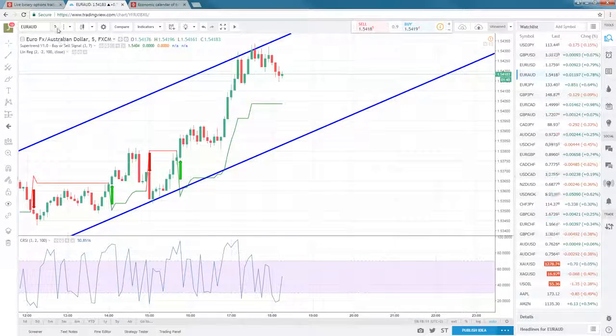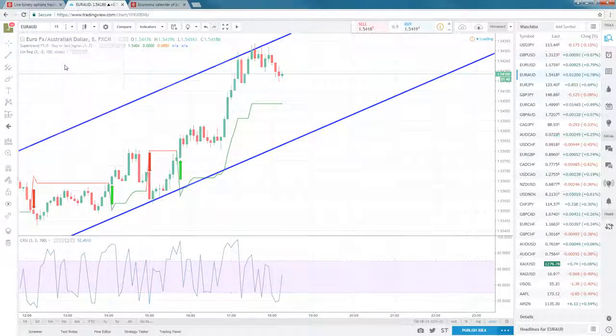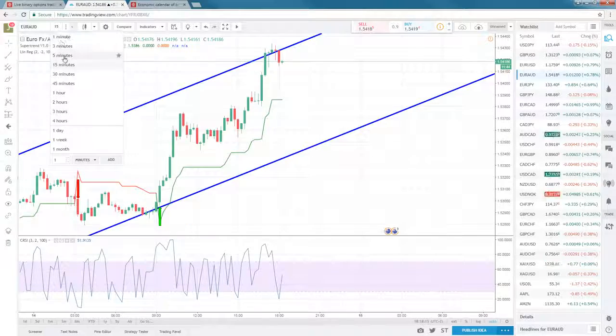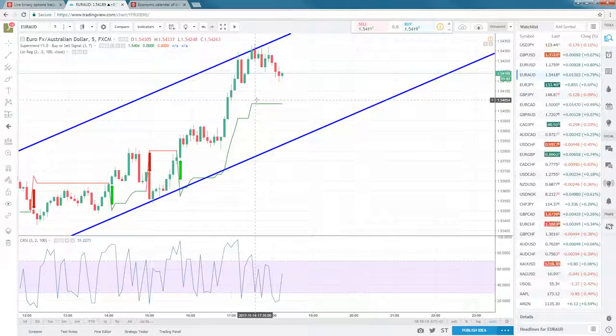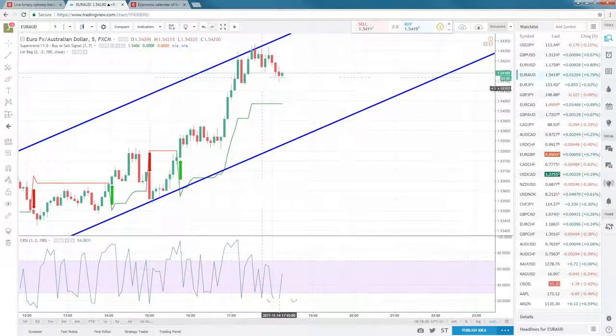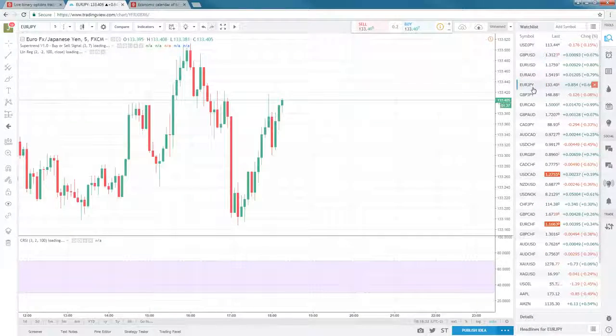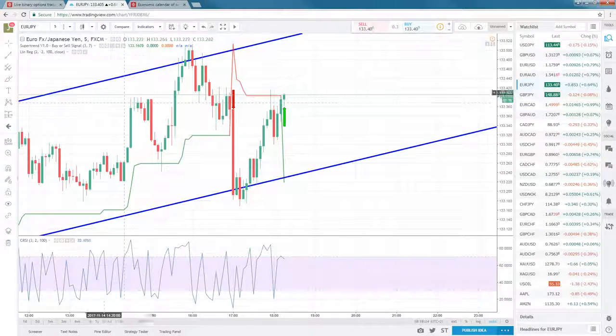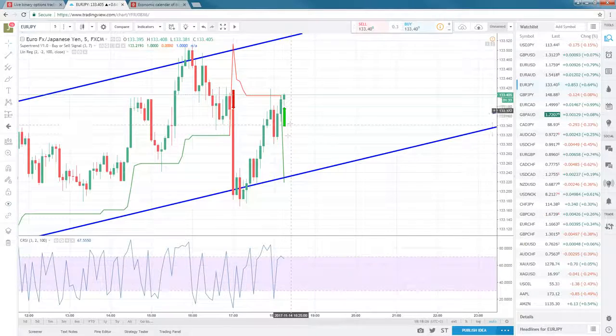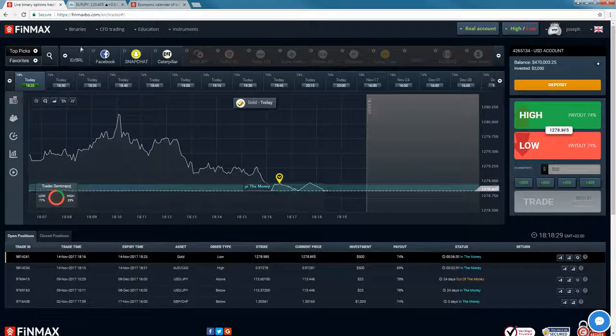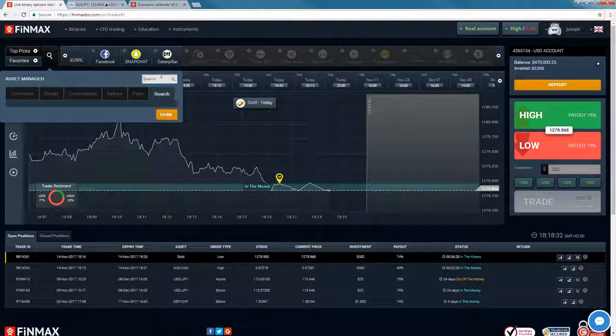Let's see what happens with the Euro Australian dollar. The trend is upward moving on the 15-minute scale, so I will not enter the market here because it's too unclear.